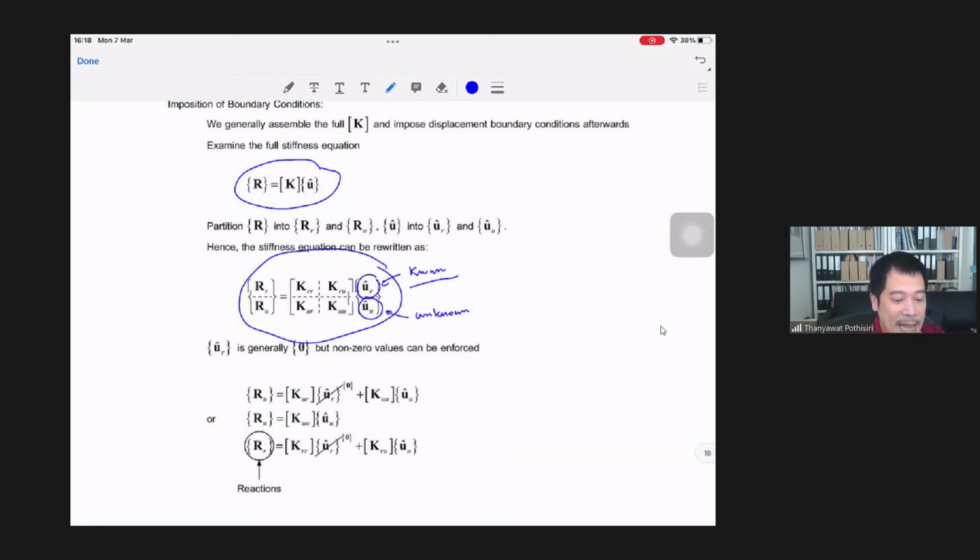Where the values of displacements are known, the force components would become unknown, right? Because if, for example, you put a fixed end onto node 1, then the force at node 1 would become your unknown reaction.